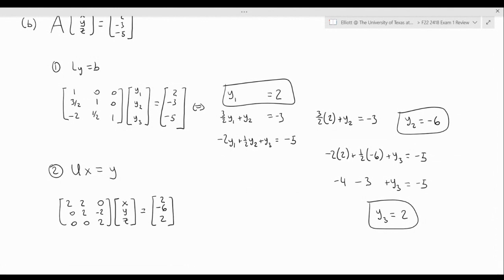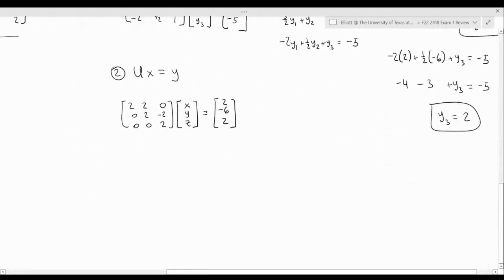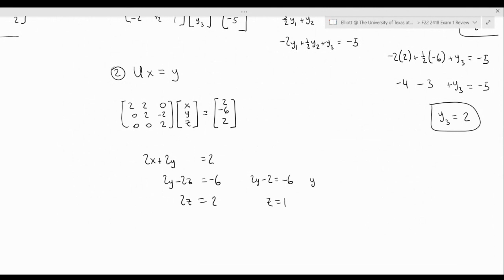All right, so then just to finish this up, write it as a system of equations. And then do back substitution. And that will give you the solution, okay?